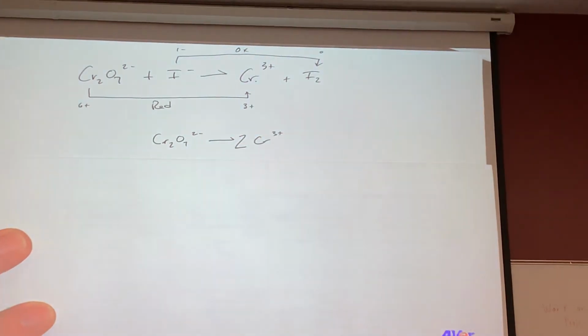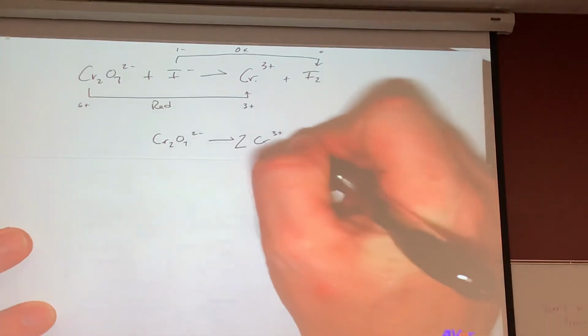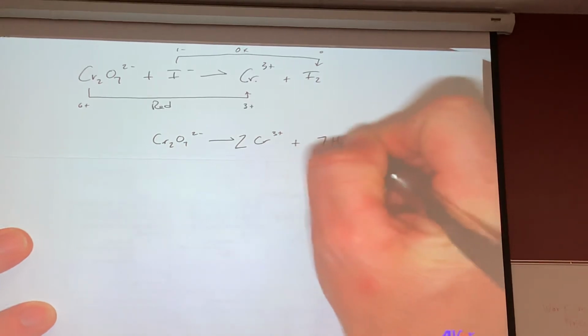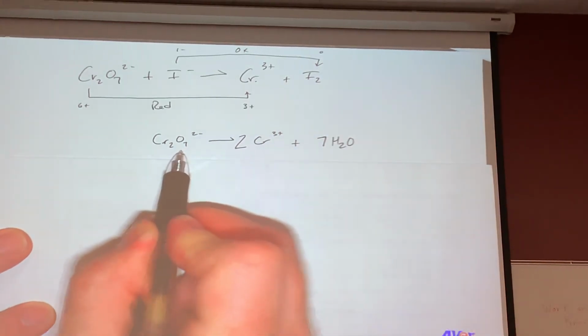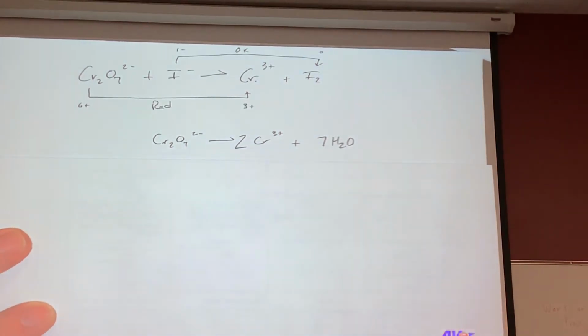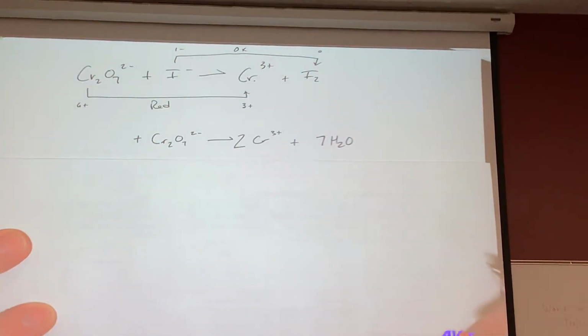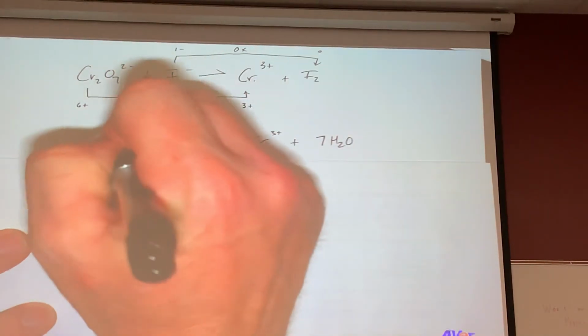Put a 2 there. Chromiums are good. Next step, add water. How many waters do you add? 7, because there's 7 here. So 14 hydrogens. You say 14 H pluses.